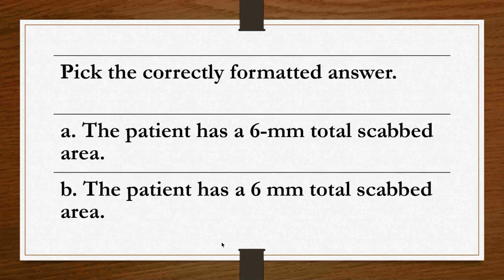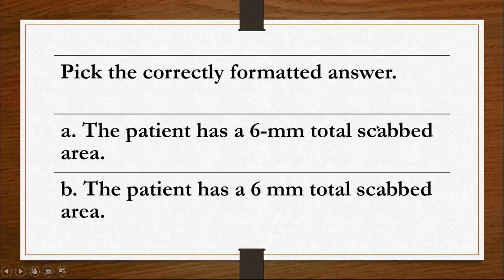So everybody, the first question is, pick the correctly formatted answer. The patient has a 6 millimeter with a hyphen total scabbed area, or B, without the hyphen. Everybody put your answers in the chat box, what you think it is. Doesn't matter if you're right or wrong. Nobody's keeping score. Okay, I'm seeing some coming in.